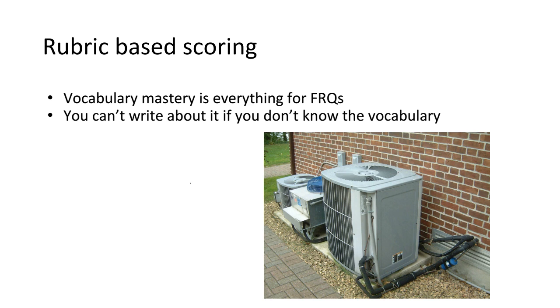I wanted to give you an example of what happens when you don't know vocabulary. This is an example of a machine that some of you might know really well, given the climate that you live in, and some of you might not know what this is. But if I were to give you vocabulary terms surrounding this particular machine, you could write about it. If you don't know the vocabulary terms surrounding this machine, you wouldn't be able to write about it, okay?